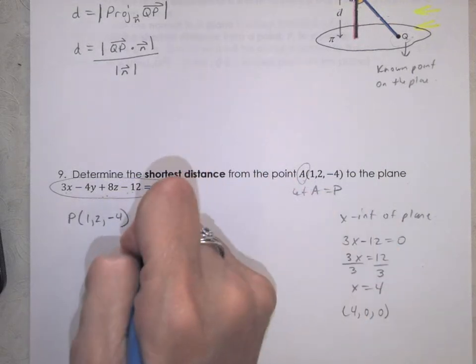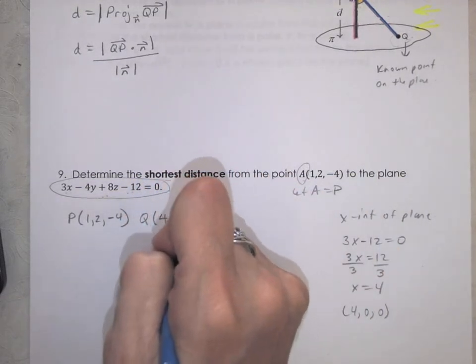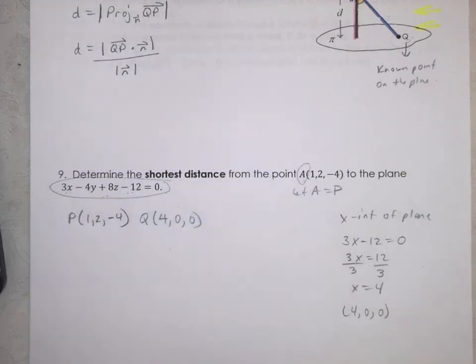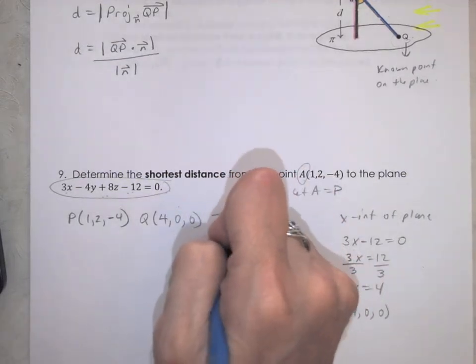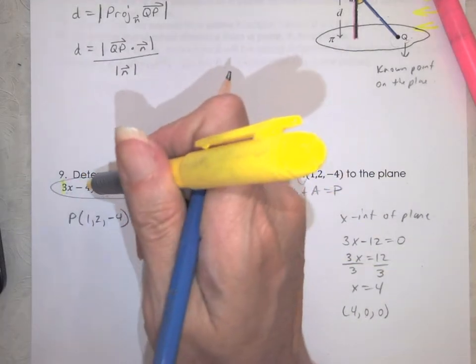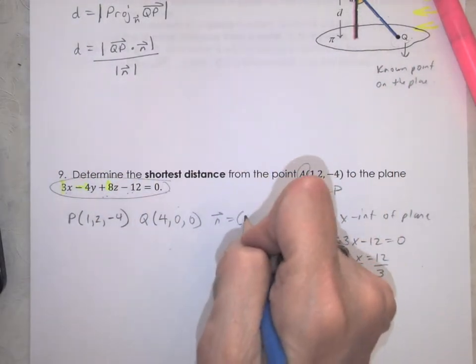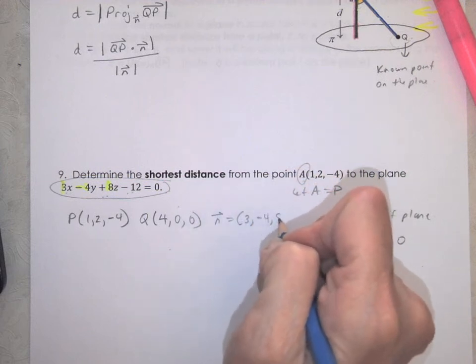So that's going to be our Q, our known point on the plane. And the normal to the plane is our A, B, and C, including signs, so our normal is going to be 3, negative 4, 8.